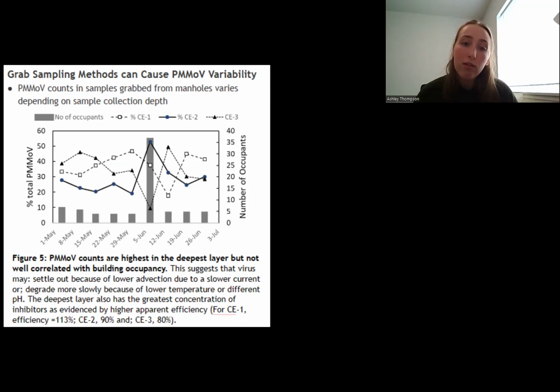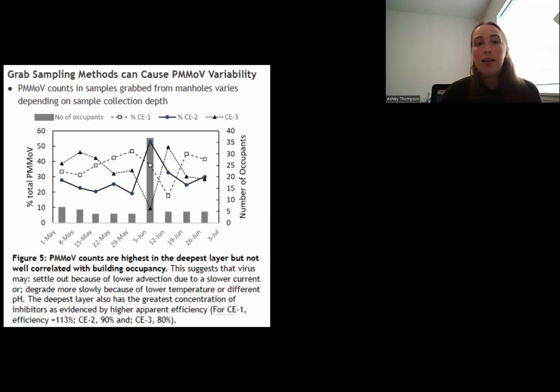So when the flow rate is lower, you are more likely to see those inhibitors and settled out virus. However, just because you're seeing more of this does not mean it is correlating well with the actual occupancy of a site. So in this graph, for example, we see that there is a spike in the number of occupants on this campus around June 5th.